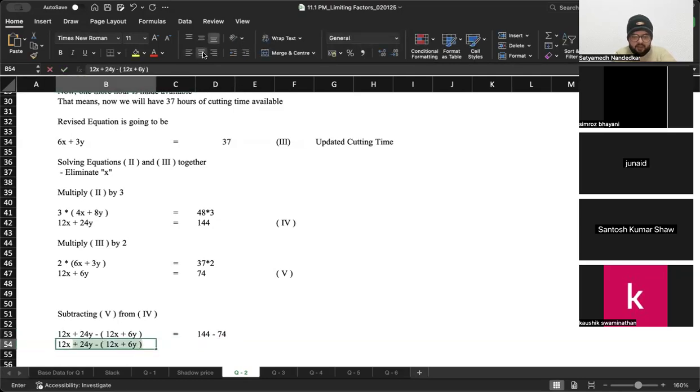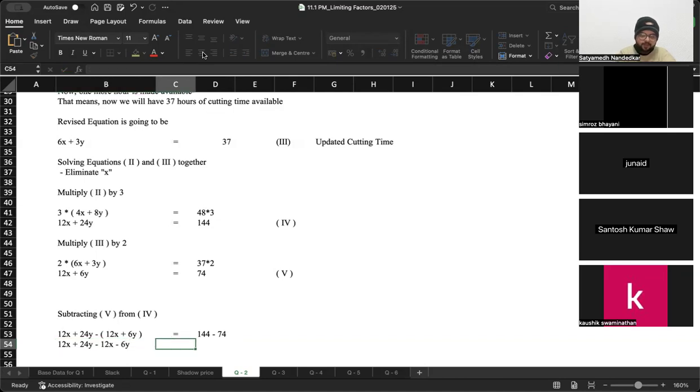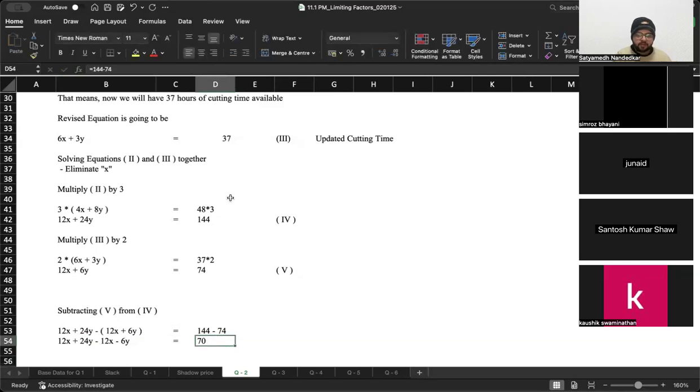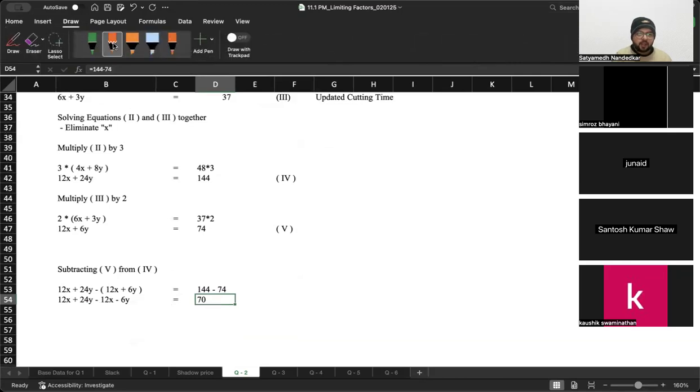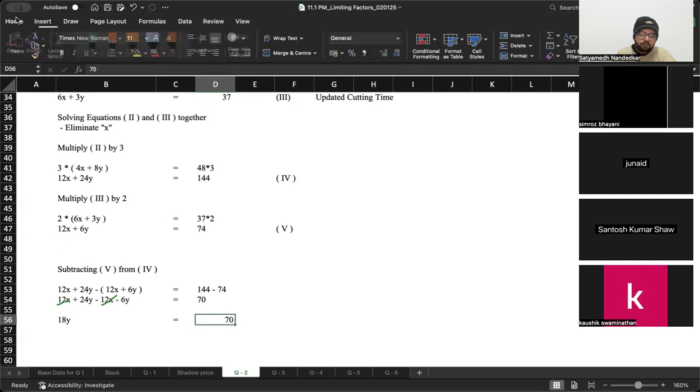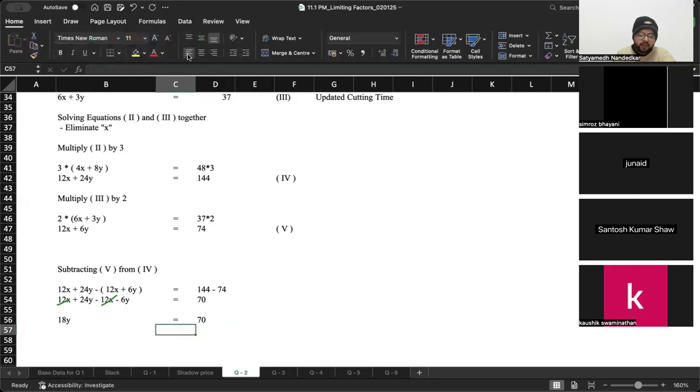So 12x plus 24y minus 12x minus 6y. Okay, 144 minus 74, that is 70. Now naturally 12x will get eliminated. So how much will you have left? You will get 18y equal to 70.